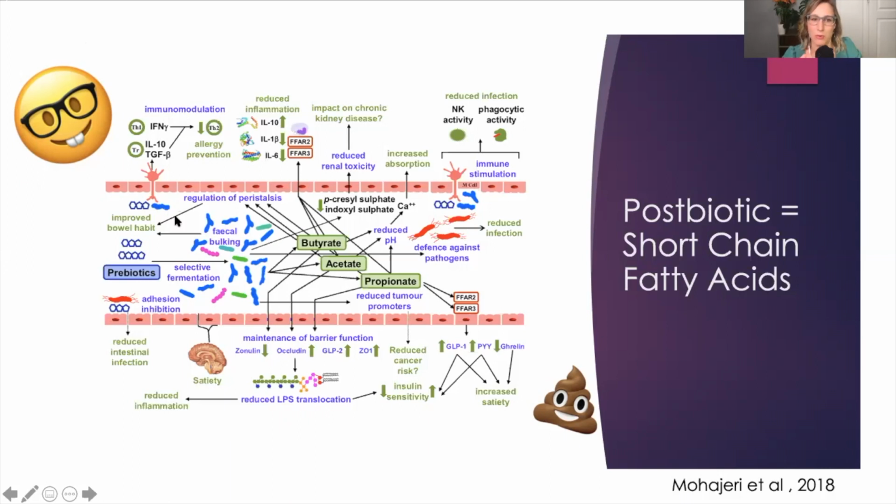And this is really important, specifically when we think about what our earliest days were like. What were we fed and what were we exposed to right out of the uterus. Here we talk about kidney disease, increasing absorption of calcium, reduced infection. Just by having a good concentration of these postbiotics, you actually regulate the pH.